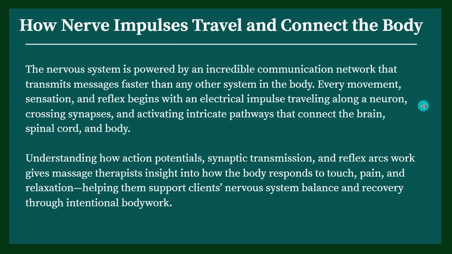So, how nerve impulses travel and connect different parts of the body. The nervous system is powered by an incredible communication network that transmits messages faster than any other system in the body. Every movement, sensation, and reflex begins with an electrical impulse traveling along a neuron, crossing synapses, and activating intricate pathways that connect the brain, the spinal cord, and the body.